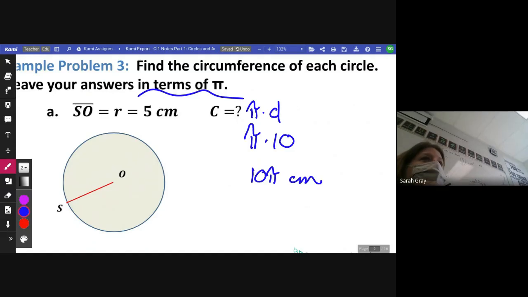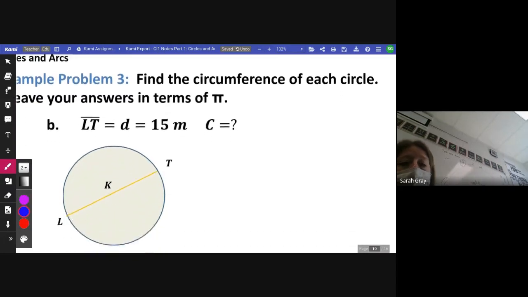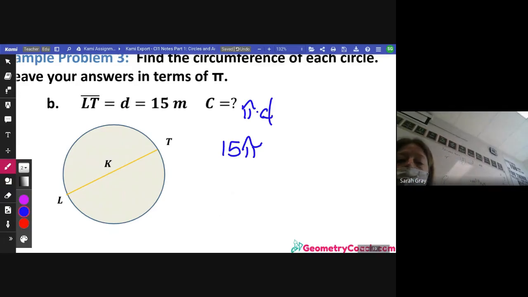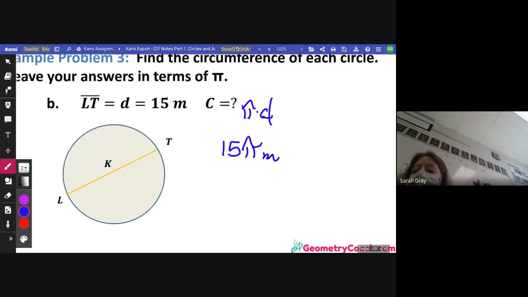How about this one? Circumference if the diameter is 15. 15 pi meters. If you ever just need to estimate the distance to make sure it makes sense, just multiply it by 3. It's not exact because pi is not 3, but this circle is about 45 meters around.